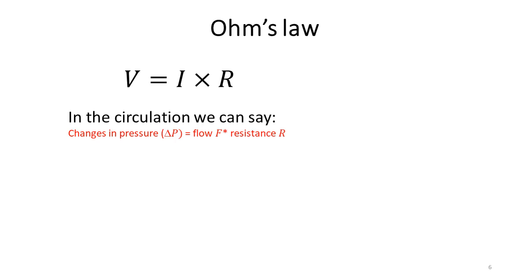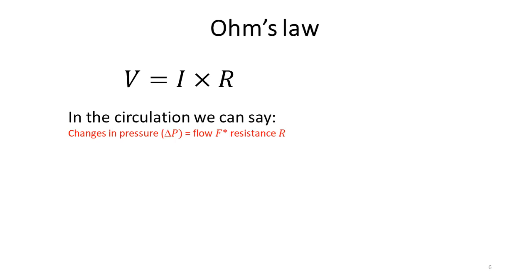Imagine V as delta P, or changes in pressure inside the vessels, and I or current as flow or F, and resistance is the same. So we can change Ohm's law in physics to delta P equal F multiplied by R. Changes in pressure is equal to flow by resistance.